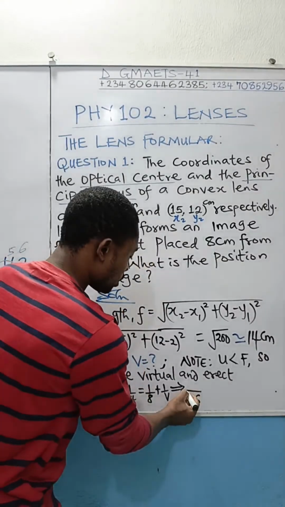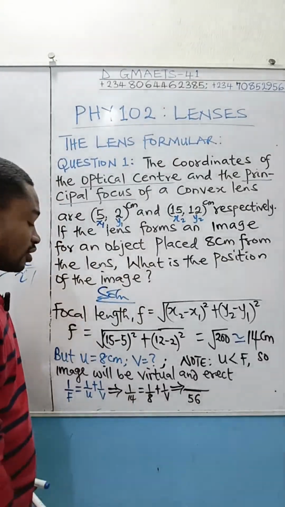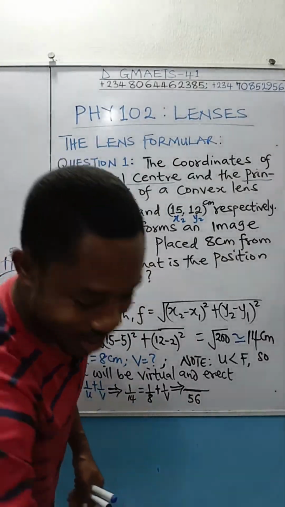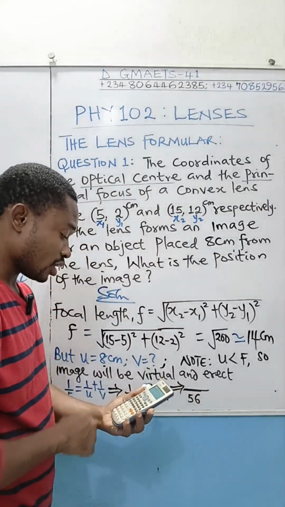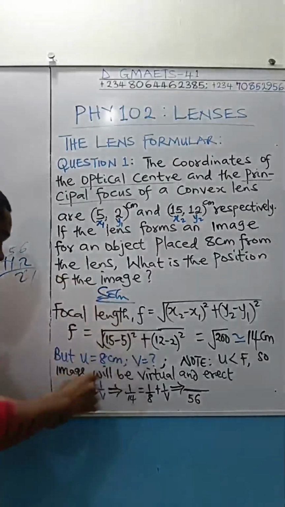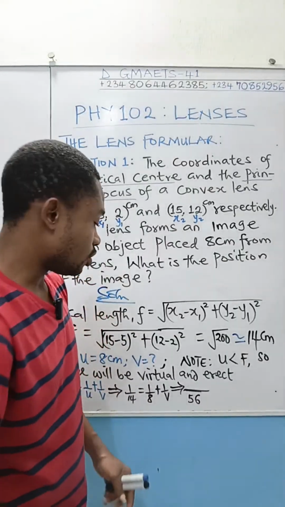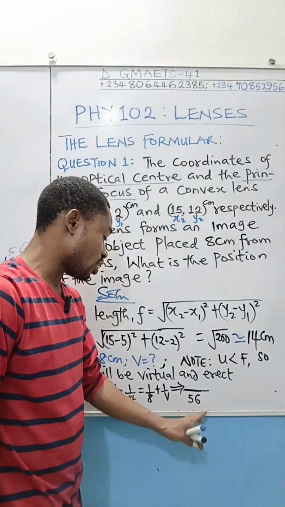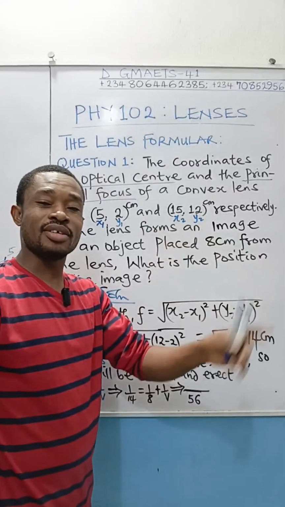56 divided by 14, what are you going to get? We don't have time, let me just press my calculator. 56 divided by 14 is 4. You can also reduce: 7 into 14 gives 2, then 2 divides 8 to get 4.